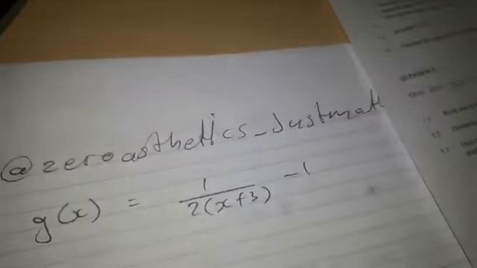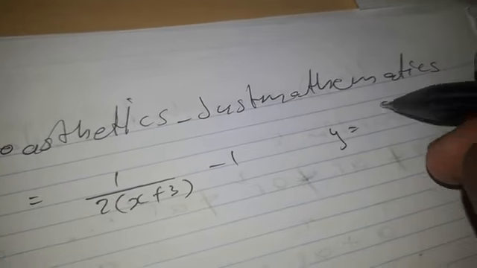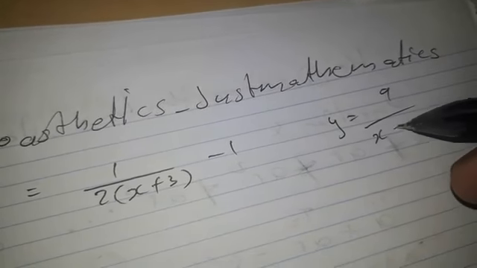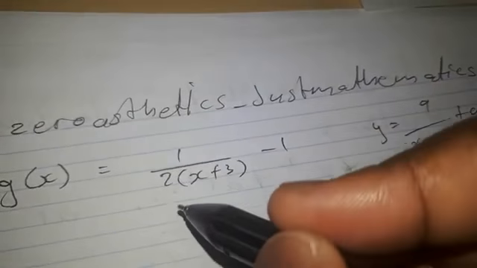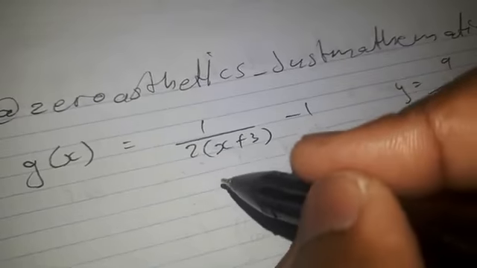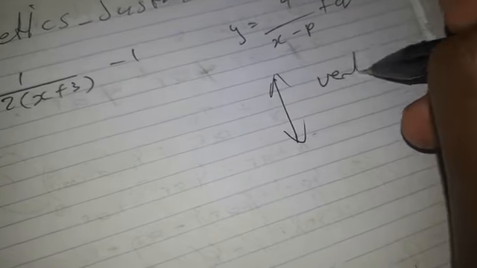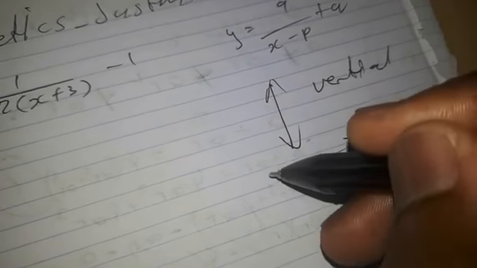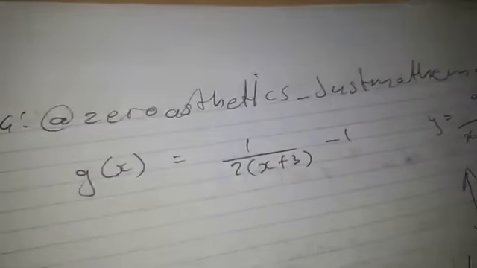So just looking at our equation, we can clearly see that our 2 asymptotes are always given by these 2 values, because the standard form of a hyperbola looks like this: a over x minus p plus q. The opposite of p will give you the equation of your vertical asymptote. Remember, vertical is from top to bottom, and horizontal is from left to right, just in case you're wondering.